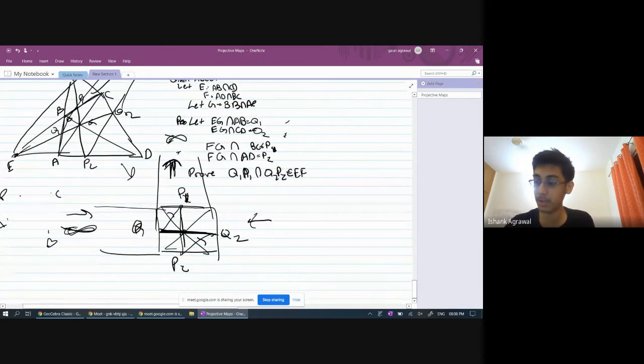Then P1, P2 becomes this line parallel to that direction vector, going through that center. Q1, Q2 becomes that line parallel to that direction vector going through the center. And since P1, P2, Q1, Q2 are now the midpoints, these are parallel, and so they obviously meet at infinity.